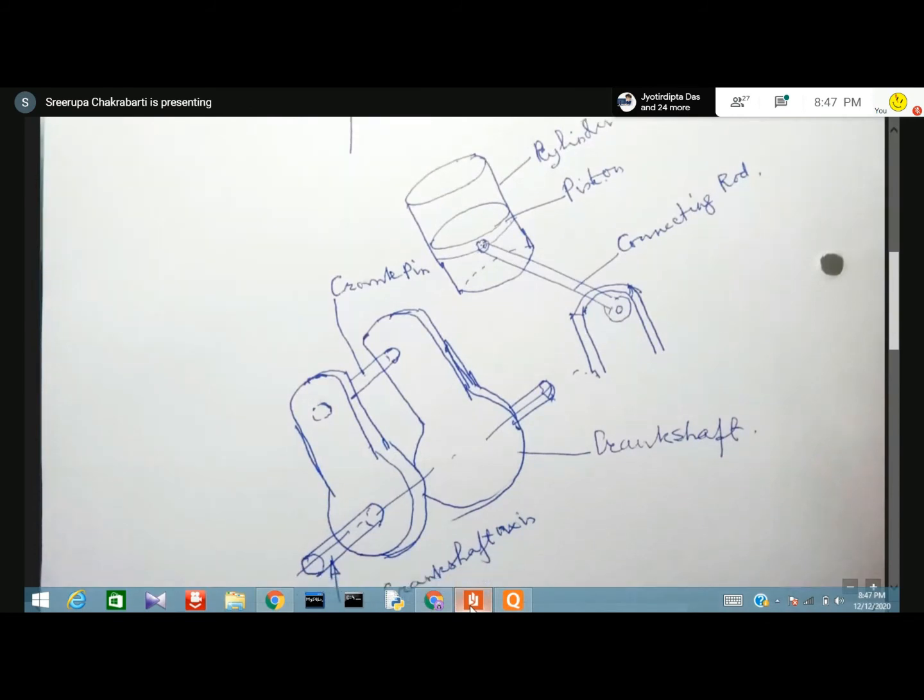This crankshaft is not a straight shaft. There are 2 flanges connected by a pin that is called the crank pin. And at the lower part there is the shaft. So you see, it's a zigzag shaft, and the connecting rod is coming to the crank pin.